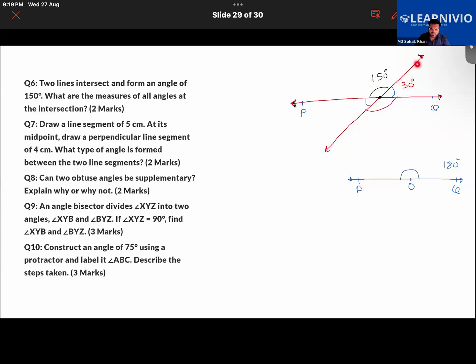Again, look at this straight line here. Let's name it XY.